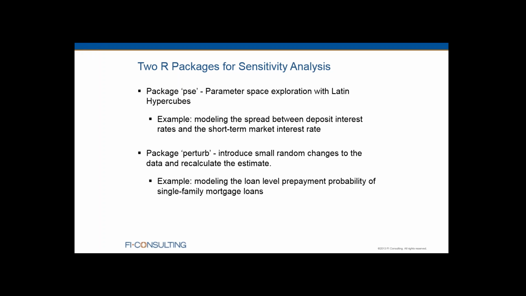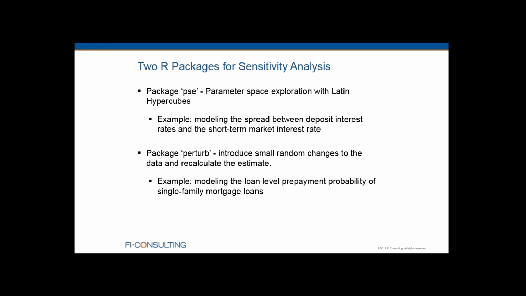And our second type of sensitivity analysis test is called perturbation analysis. And this is what is most commonly thought of as sensitivity analysis, as defined by the Basel Committee and other regulatory bodies. What we're going to do is make small random changes to the data in all directions, and then recalculate our model with the altered data.